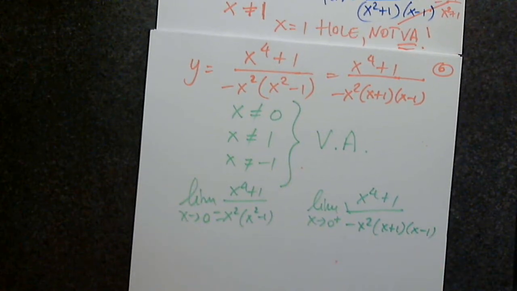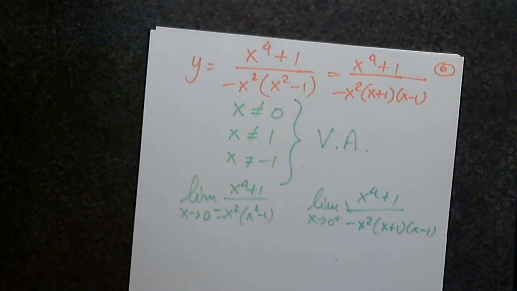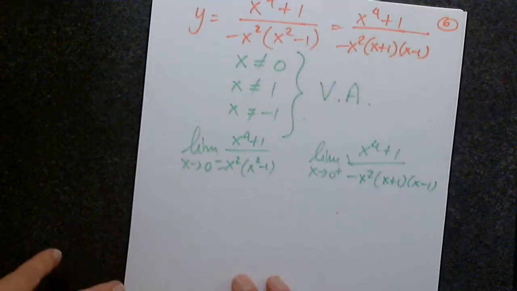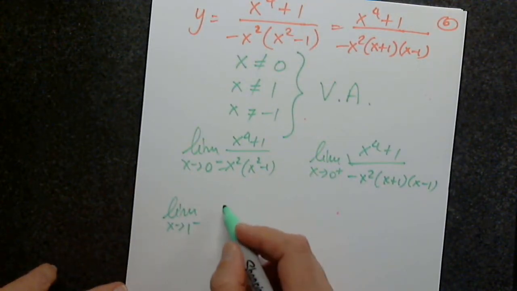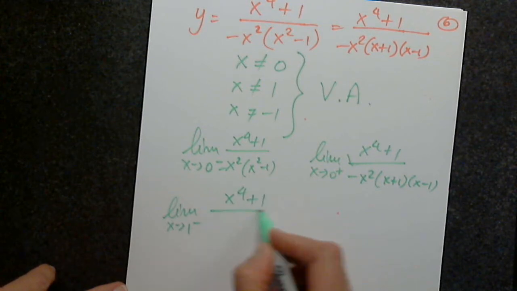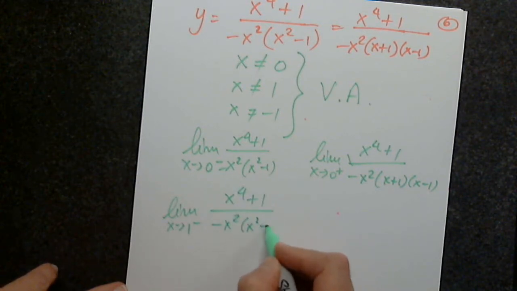I need the answer. And the same with the other 2. I need the limit as x approaches 1 from the left of x to the 4th plus 1 over negative x squared minus 1.